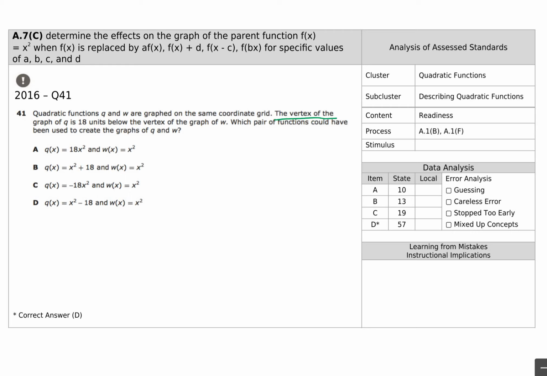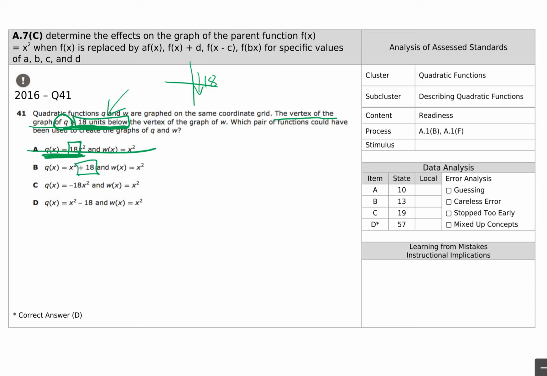All right. Quadratic functions are shown. The vertex of the graph of Q is 18 below the graph of W. Which pair could have that? So if it's 18 below, that means on a graph it was shifted down 18. Well, we know that if it's in front of the x squared, that would make it narrower, so that's not what it's talking about.